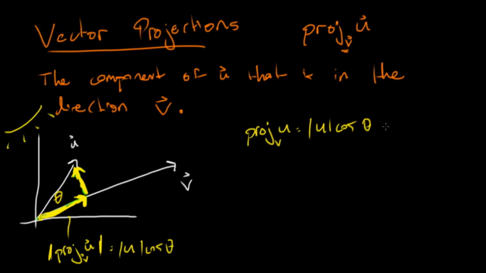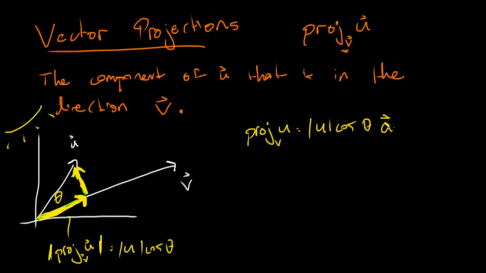But now we need some vector. Let's call it a. We need some vector a that has the property that it's in the direction of v. But it can't just be any vector in the direction of v. We need a vector that when you multiply it by u cosine theta, you scale to this vector here.